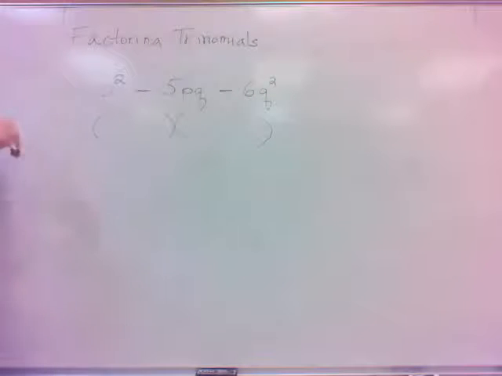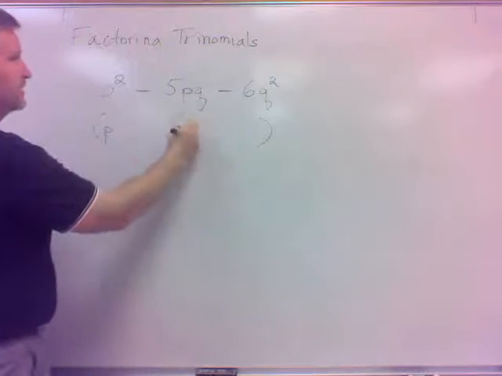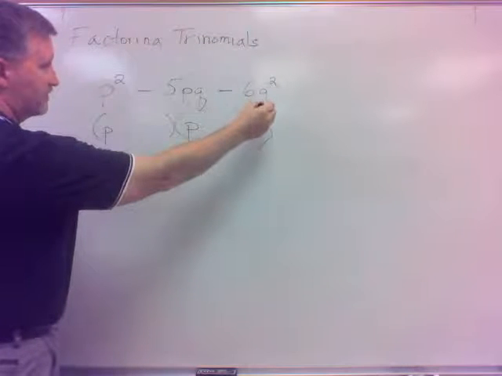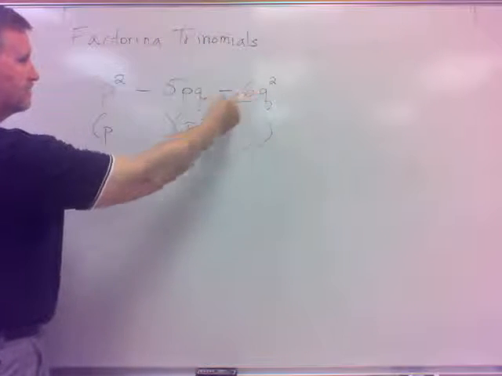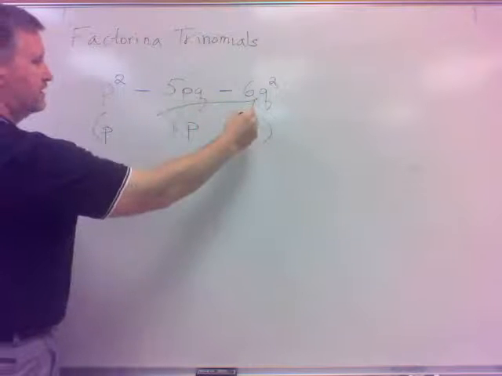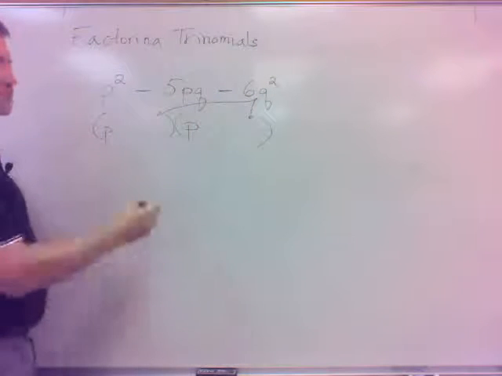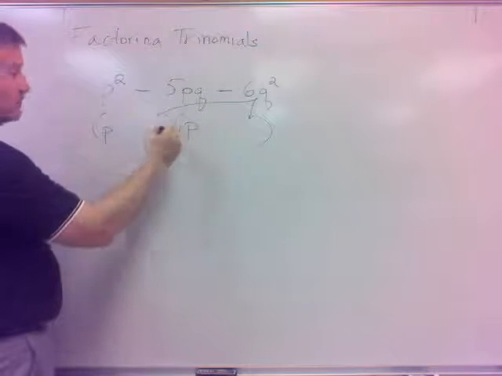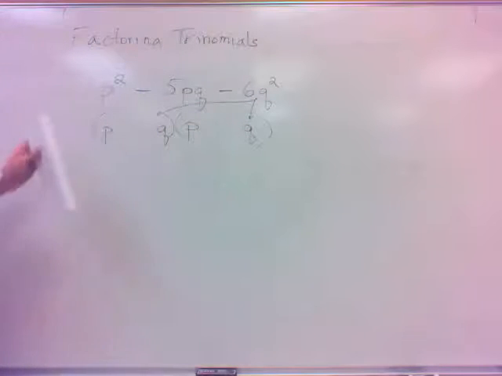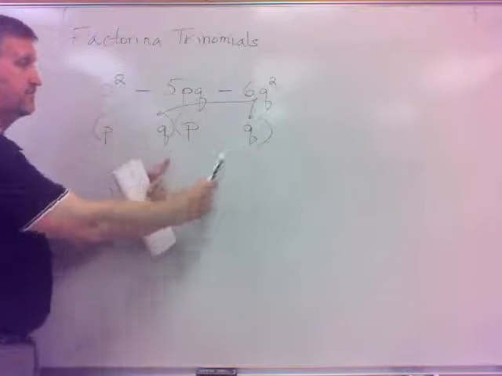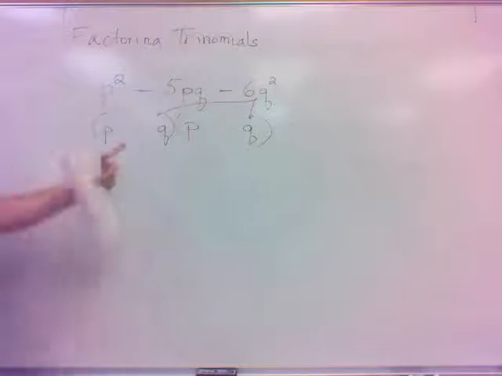I've got p squared, so that's obviously p and p. And the thing the q's throw into it is, well, I am going to do minus 6q squared here and here. So as far as the variable goes, what does that tell me here and here? Got to have a q here and a q here, don't we? Yeah, just the same as p squared. If I'm going to split up a q squared, you've got to have a q here and a q there.